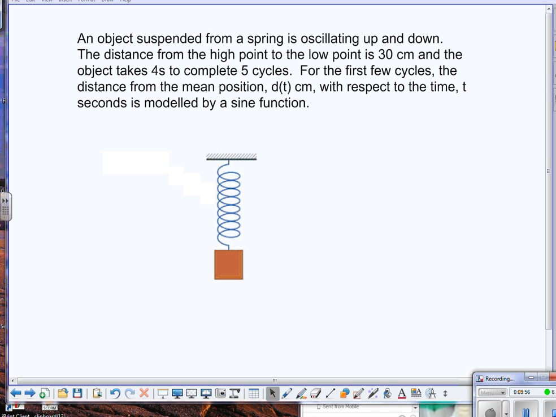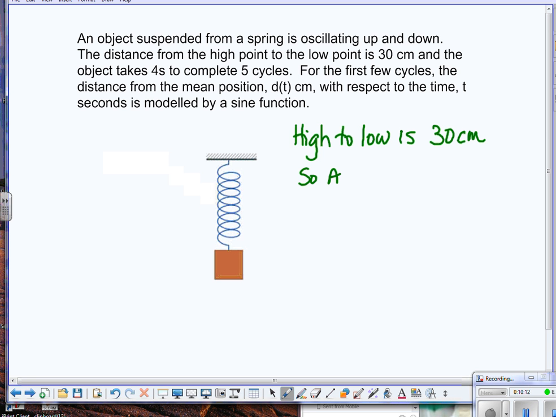So what do we know before we attempt this graph? We know the distance from high to low is 30. So the amplitude, which is always half of that, is 15. So the axis of rest is at 15.